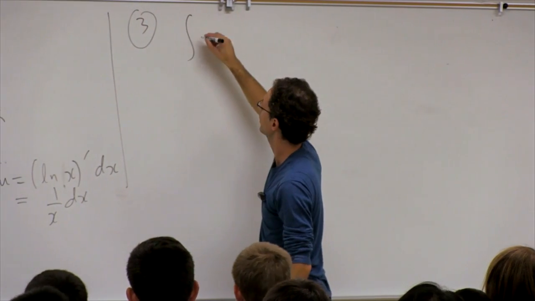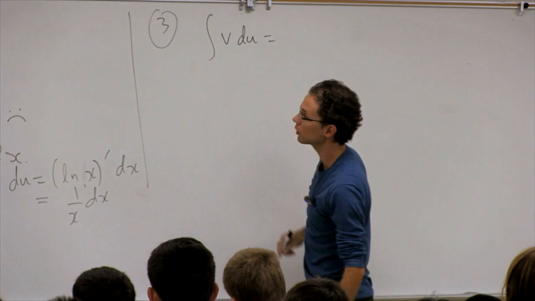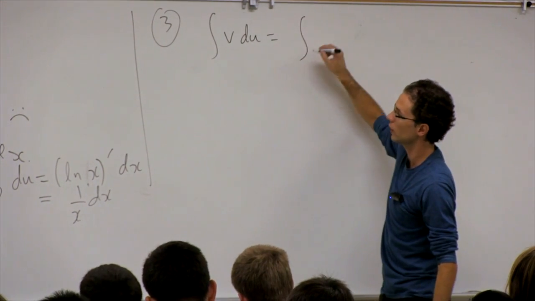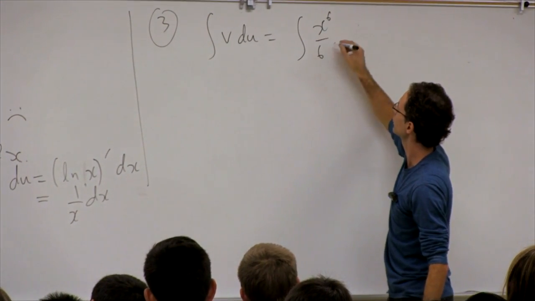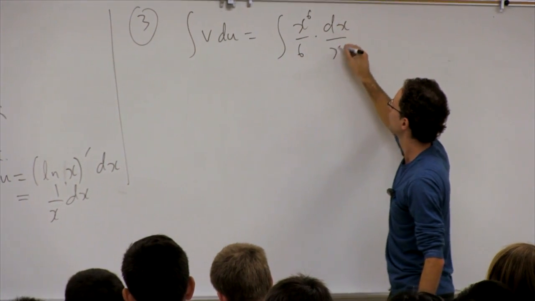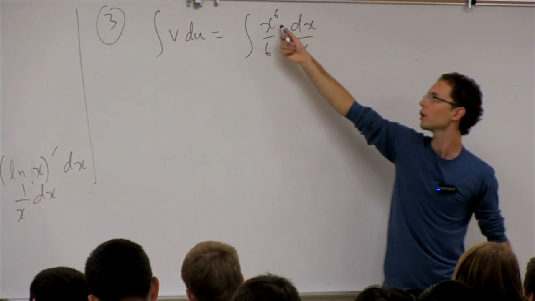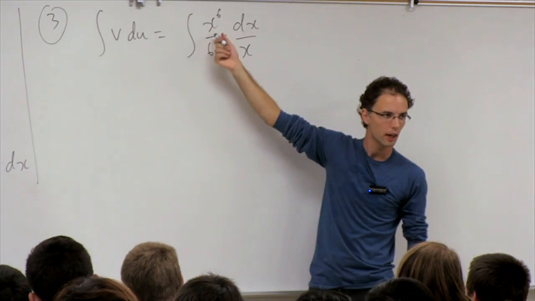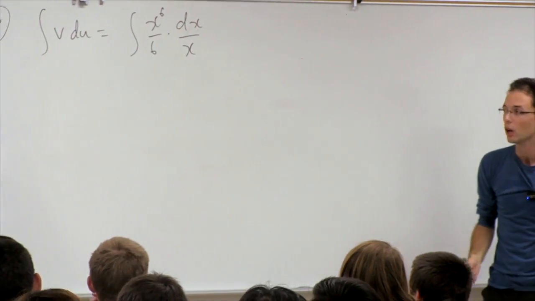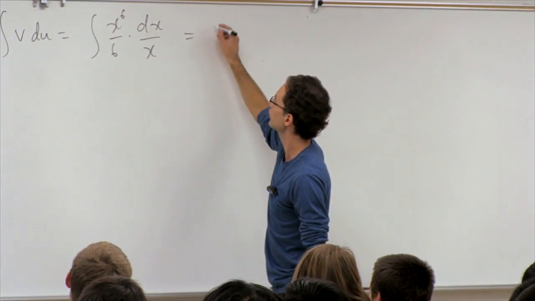So if you integrate v du, what you're left with is integrating x to the 6 over 6 times dx over x. And lo and behold, the negative 1 power of x here cancels with one of the 6 powers of x up there. And you're left with an integral you can do.